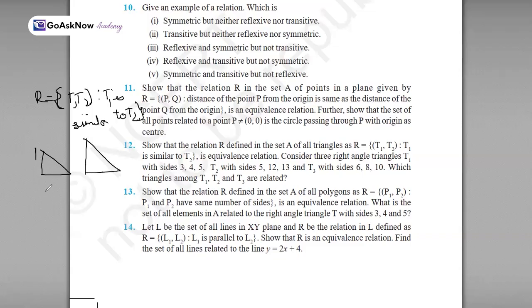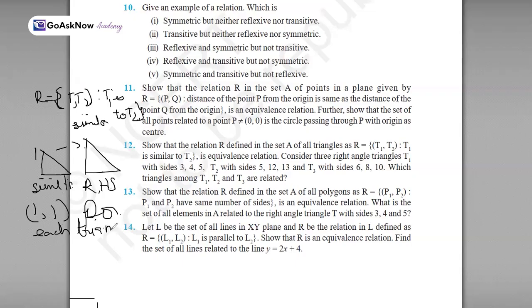So I have the similarity criteria for both of these, RHS. RHS is the similarity criteria, meaning right angle, hypotenuse, side. So if it is following that, one is related to the other, so one must be similar to itself also for each triangle.